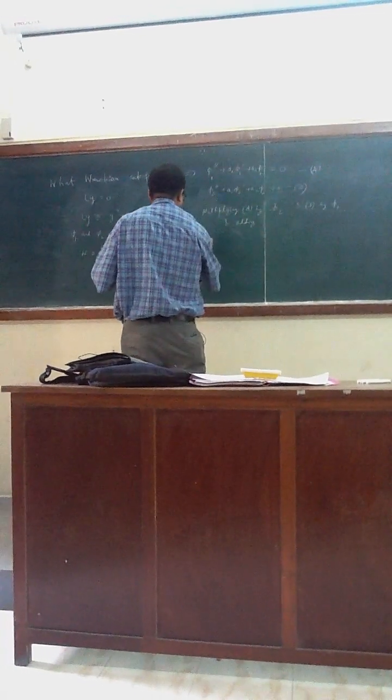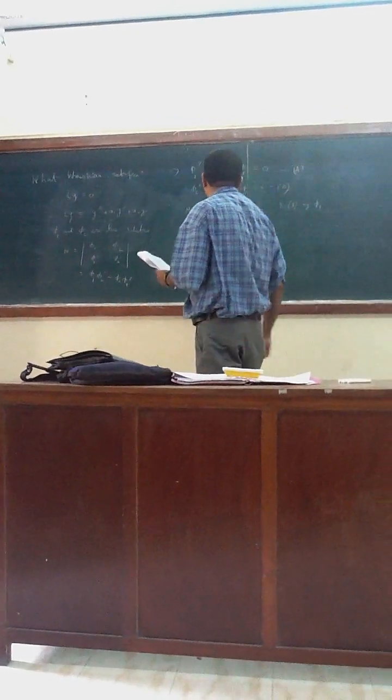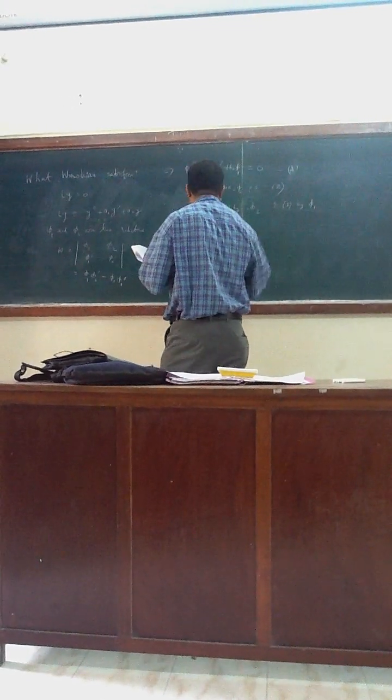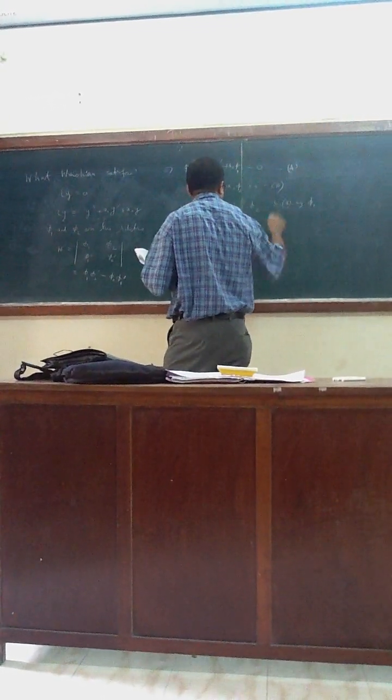So what you get? You are multiplying the first equation by minus phi 2 and then adding.